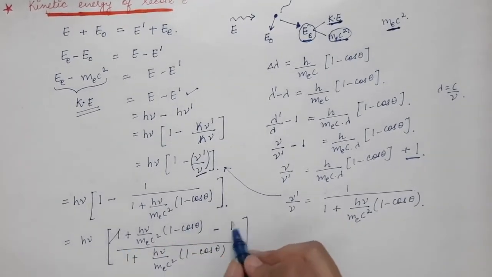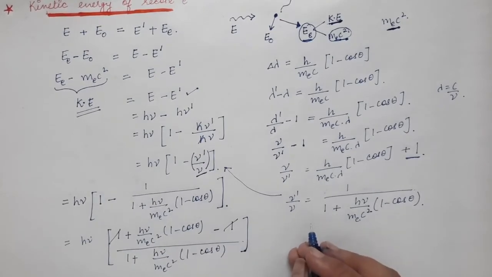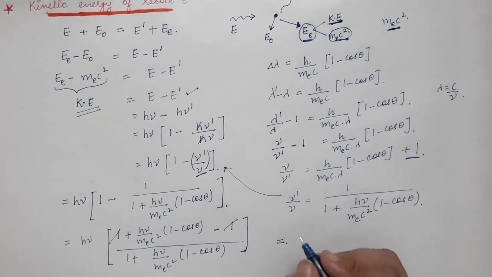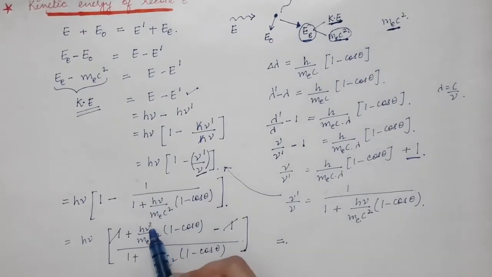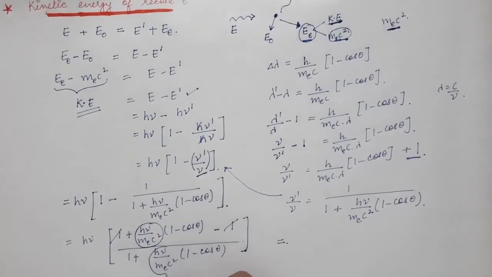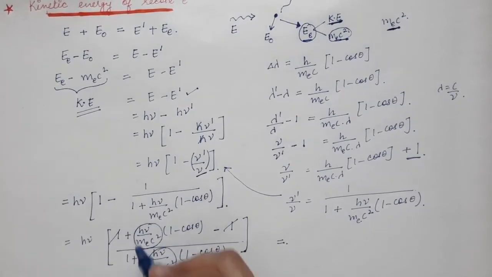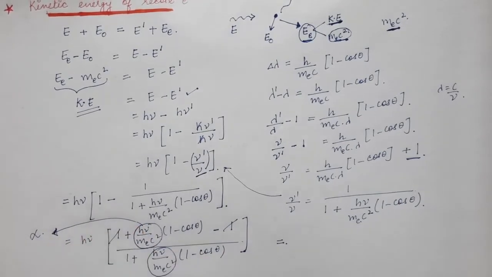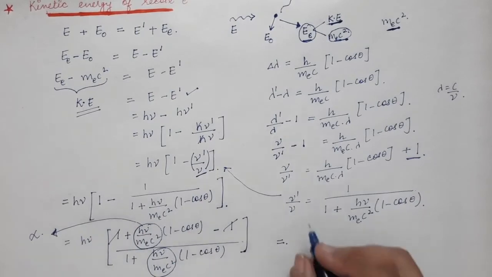So this one will cancel with this one. You can see you have h nu by m_e c squared over here and over here, so you can substitute this as another variable, alpha, let's say.